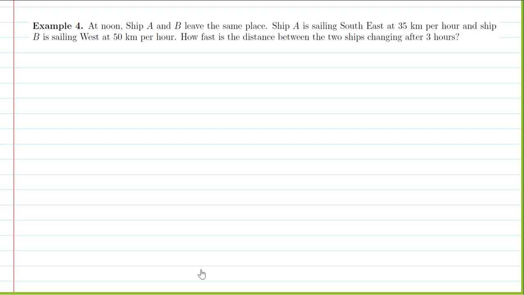How fast is the distance between the two ships changing after 3 hours? So just to remind us of our cardinal directions, we have north, south, east, and west. So we're going to start with ship A and ship B here. Ship A is sailing south and east.